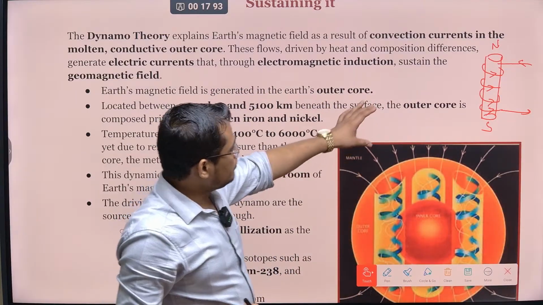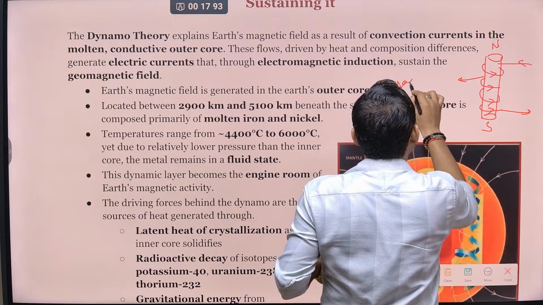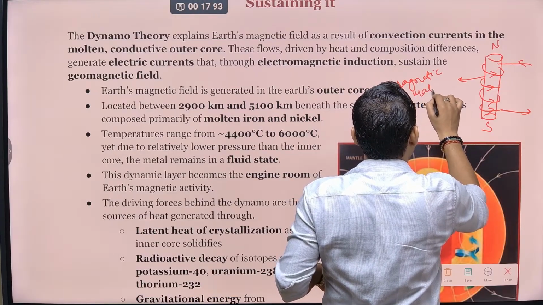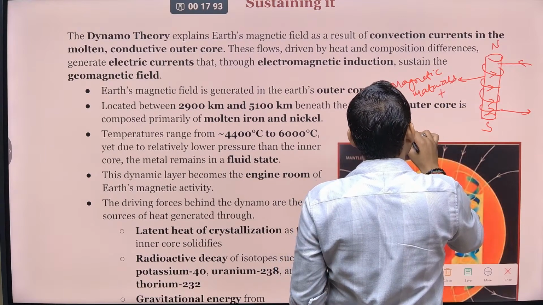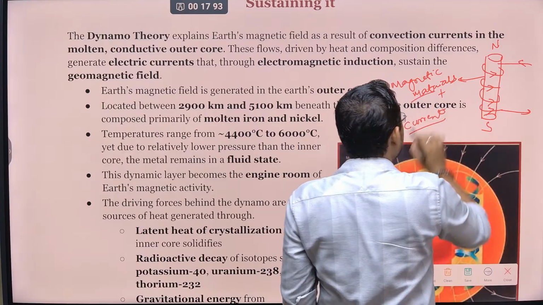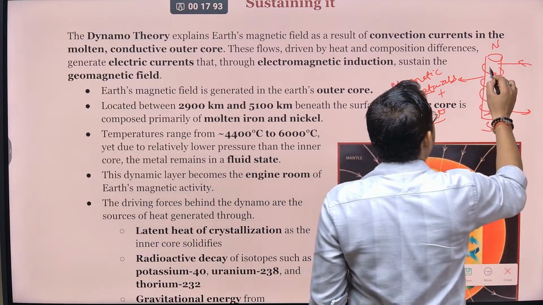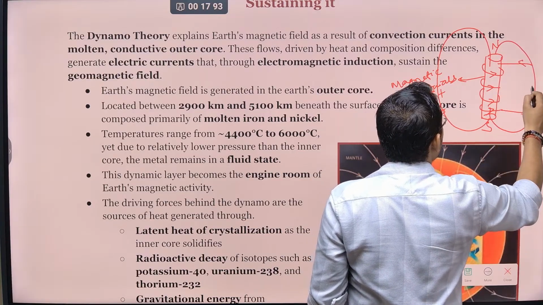So we need a magnetic material plus a current. If we flow a current in a magnetic material, there will be a magnetic field. This magnetic field flows from the north pole to the south pole like this, like this, like this.